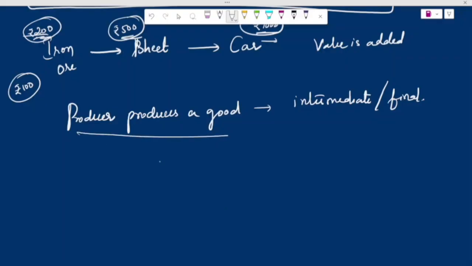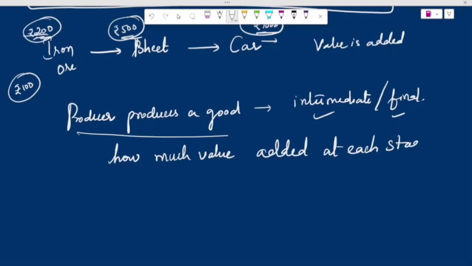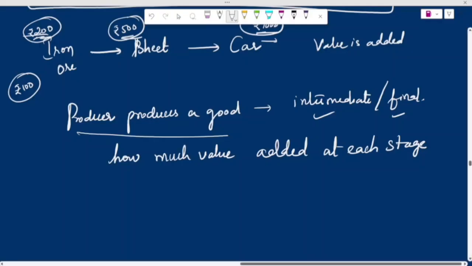So instead of trying to find out whether it is an intermediate good or a final good, we can check how much value is added at each stage. Why I'm introducing this method is that we have to calculate only final goods. Intermediate goods are not allowed because there will be double counting. Those who produce don't know whether the people who buy from them will use it for the next production process, or else it will be final consumption.